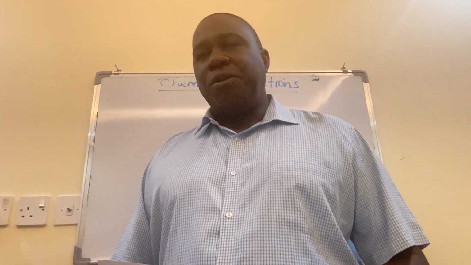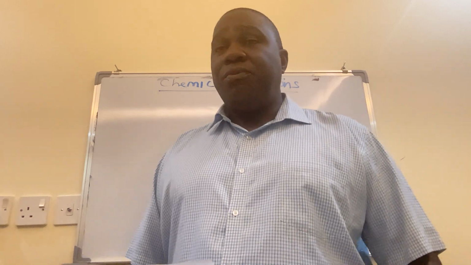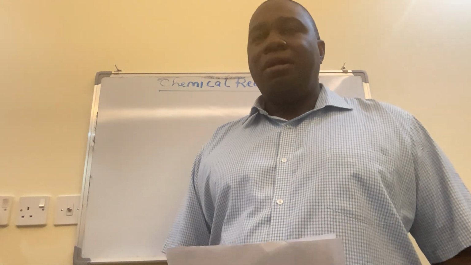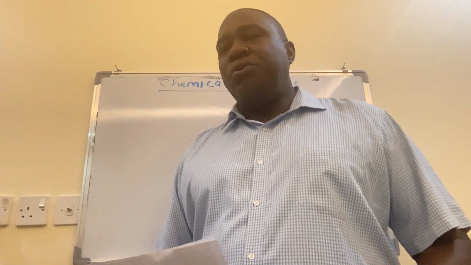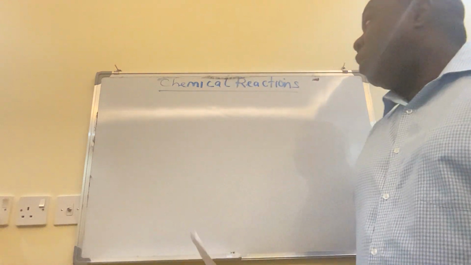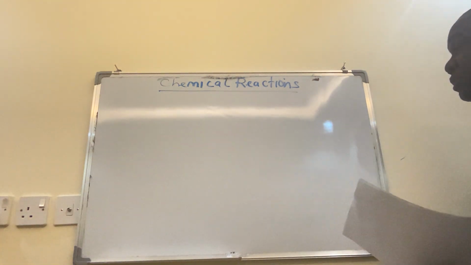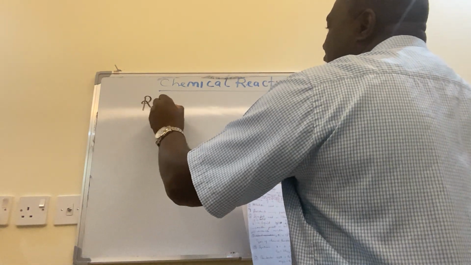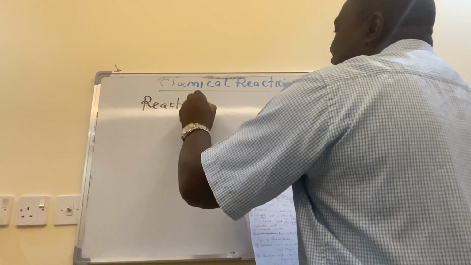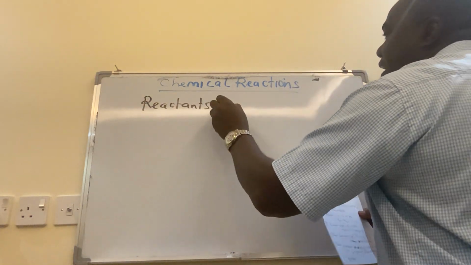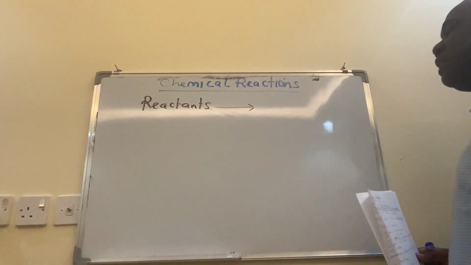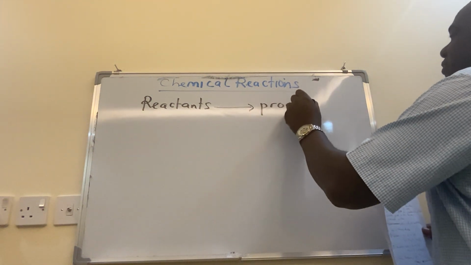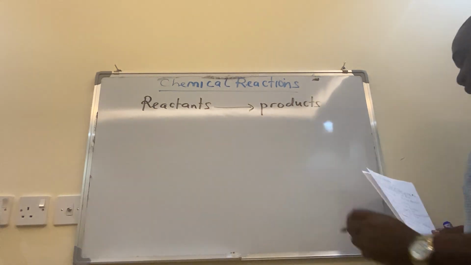Anyway, to start off our lesson today, if a person were to ask you, what is a chemical reaction? Now, in any chemical reaction, you're trying to show what has happened, and you always start off with reactants. Then we put an arrow to show that a chemical change has occurred, and at the end, we are going to have what we call products.